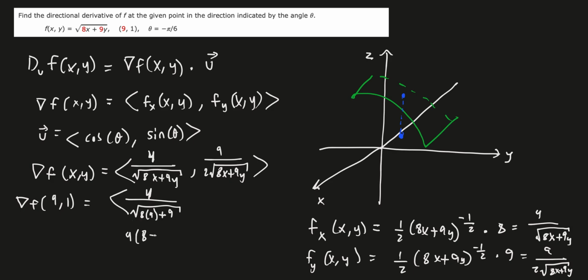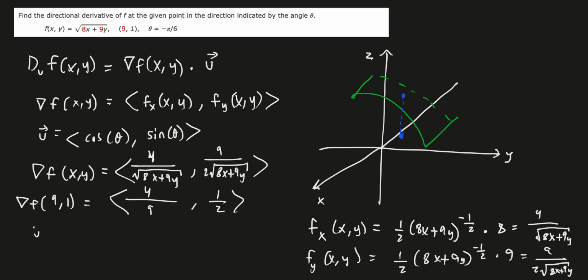We can get 9 times 8 plus 1, which is 9 times 9, which is 81. The square root of 81 is 9. And this is also the square root of 81, which is 9. And then the 9s will cancel, so it becomes 1/2. So this is not our directional derivative, but our gradient at 9, 1.